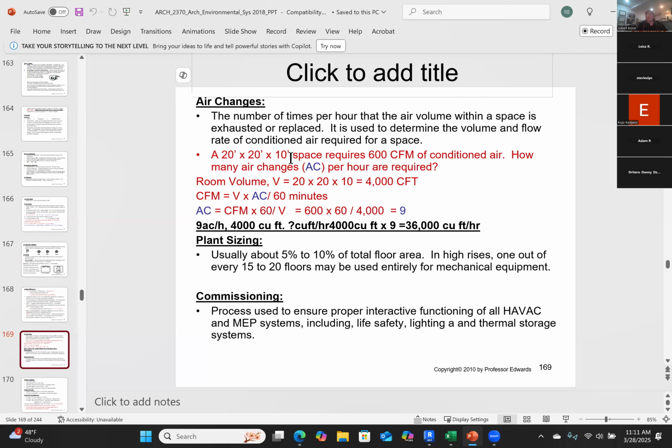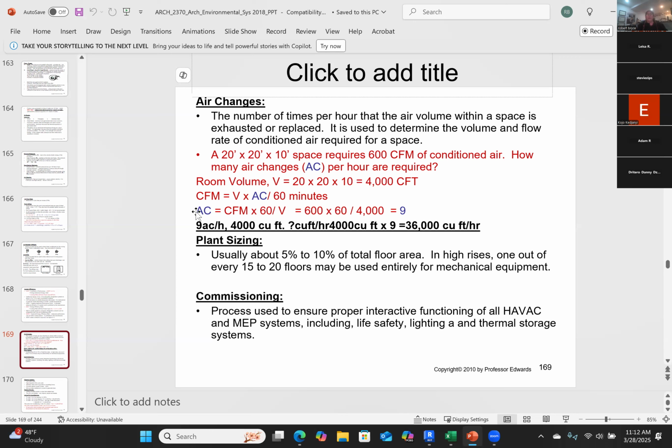We have 600 cubic feet per minute of conditioned air. How many air changes per hour are required? Air changes per hour is the number of times per hour that the air volume within a space is exhausted or replaced. So we've got our room volume, we know that, and our CFM, cubic feet per minute, is 600.